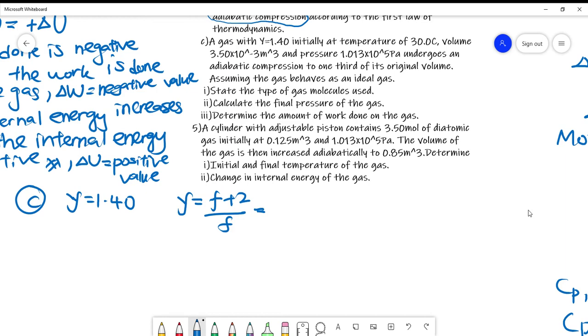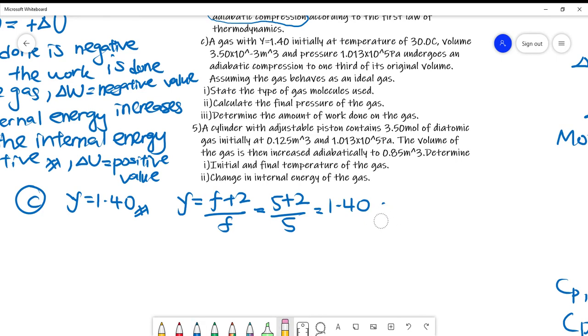If my gas is a diatomic gas, so f is 5, then 5 plus 2 over 5, so 7 over 5, and basically I get 1.40. So this 1.40 came from this formula, which is 5 plus 2 over 5. So this 1.40 means that the gas is a diatomic gas.